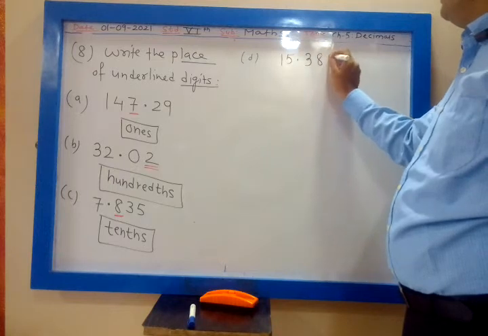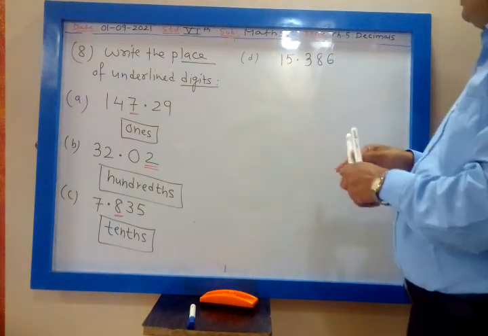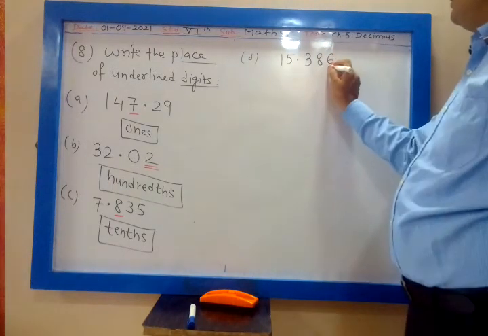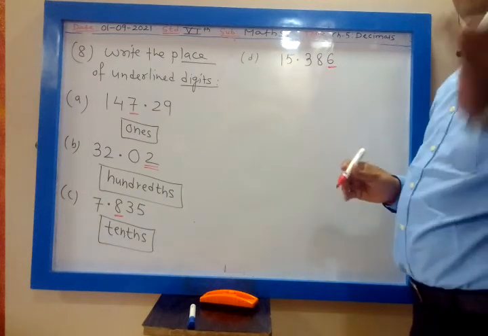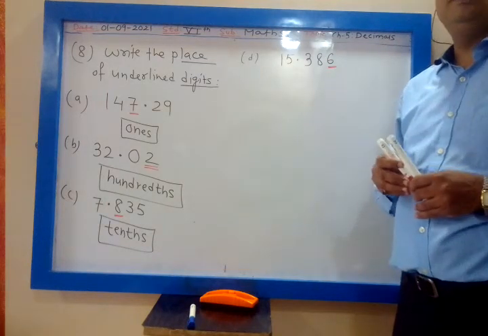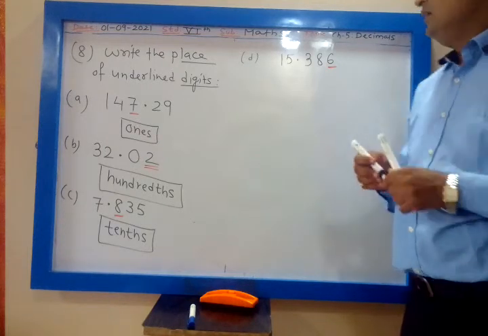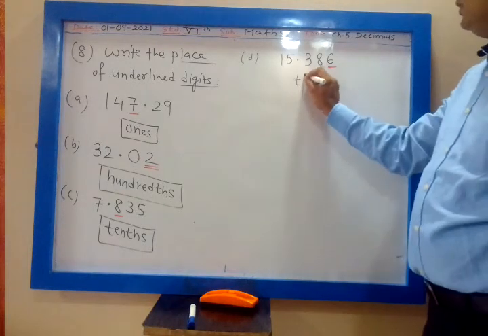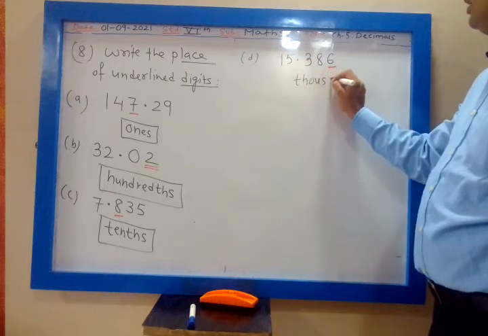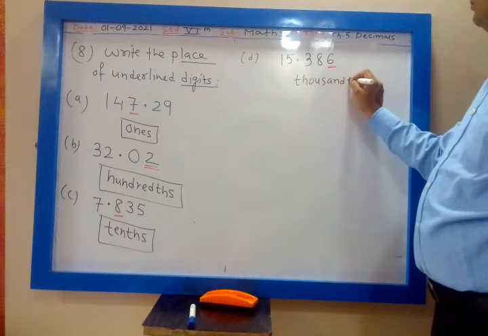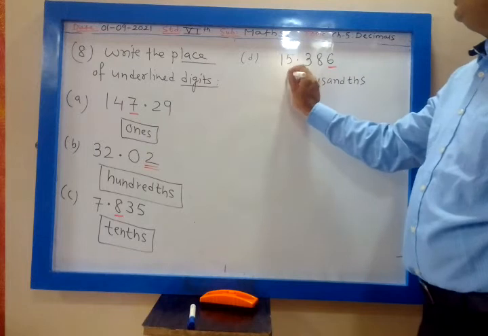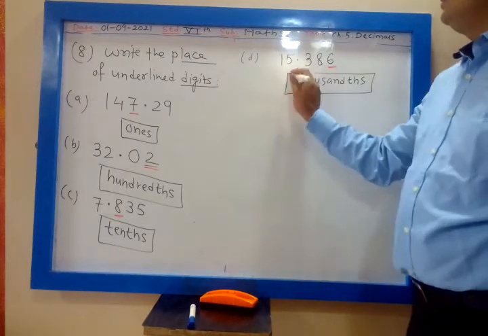15.386, and 6 is the underlined digit. So what is the place of 6? No, not hundreds, my dear. After the decimal it starts from tenths, not ones. Thousandths, not hundredths.